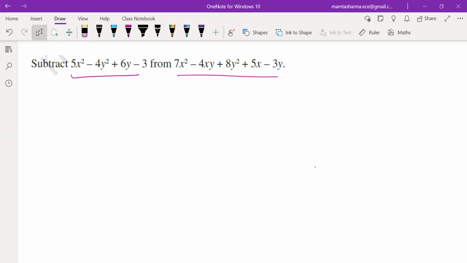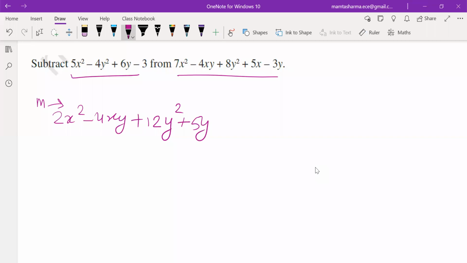Yes, all of you. Ma'am, I got the answer. Manideep is doing very well today. Manideep, what is your answer? 2x square minus 4xy plus 12y square plus 5y minus 9y plus 3, ma'am. Okay.